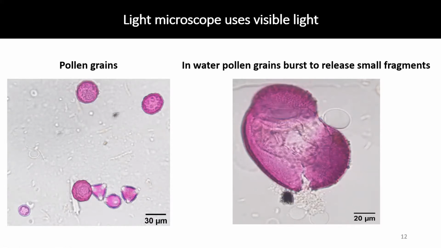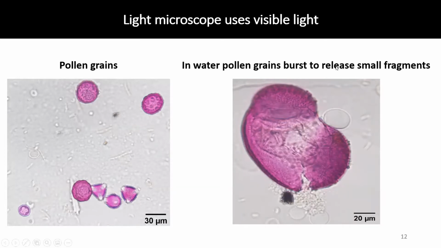But in the presence of water, like when it rains, these pollen grains can rupture or burst open to release small pollen fragments. These pollen fragments are so small that they can reach into the deeper levels of our lungs to cause severe asthma symptoms.